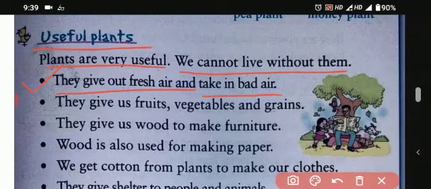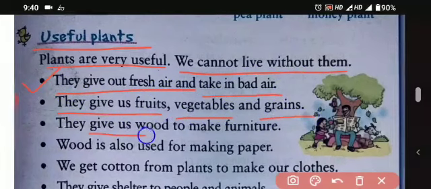Students, plants give us oxygen and take the carbon dioxide from us. They give us fruits and vegetables and grains.